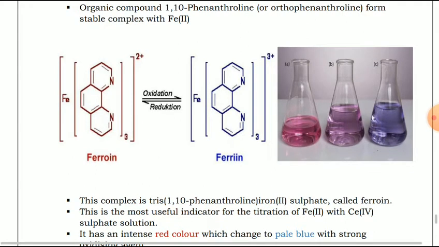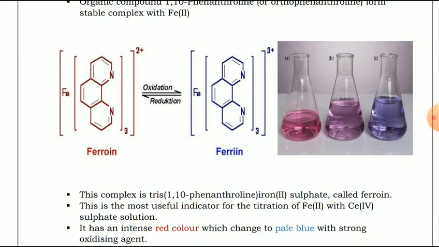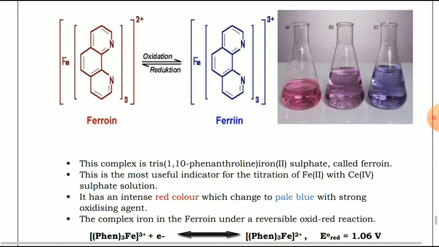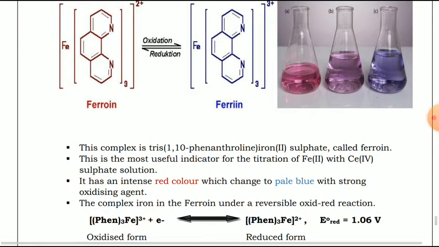It has an intense red color which changes to pale blue with a strong oxidizing agent. The complexed iron in the ferroin undergoes a reversible oxidation-reduction reaction. This is the reaction actually.